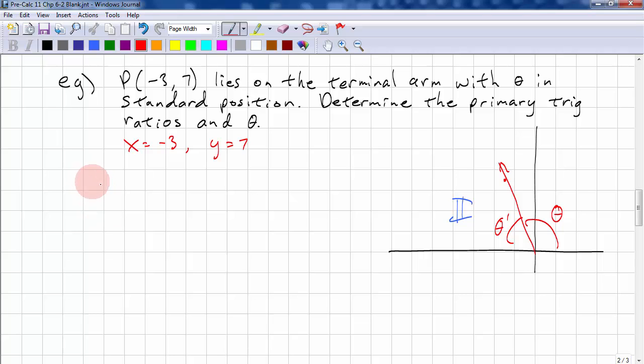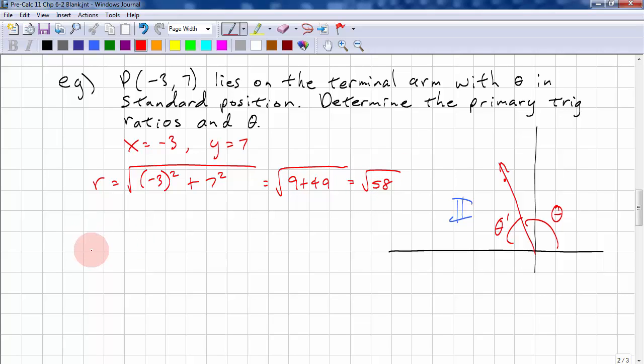We should calculate the radius, and that's the square root of (-3) squared plus 7 squared. And this is square root of 9 plus 49, and that's square root 58. So we look at the mnemonic SOH CAH TOA.